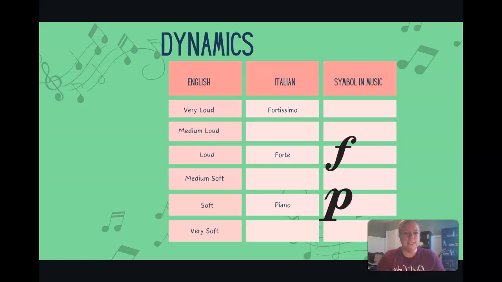ER on the end. So in Italian, issimo is the suffix. So if you see somebody who's way good looking and you say, che bello, and you see somebody else who's even more good looking, bellissimo, right? It's just the way it works in Italian. So that abbreviation is two letter Fs right next to each other. And then very soft, or as soft as possible, is pianissimo, and then two letters, two P's right next to each other.